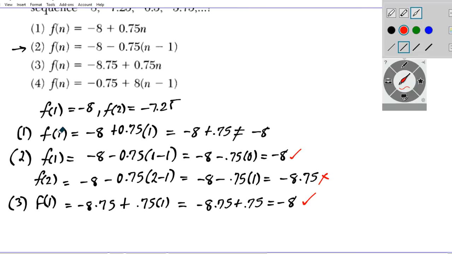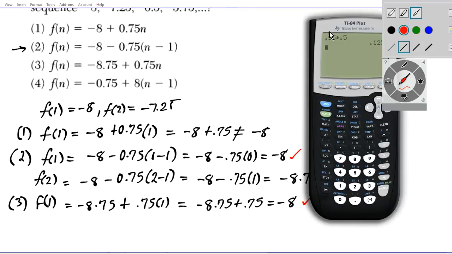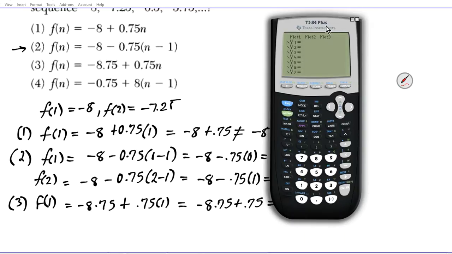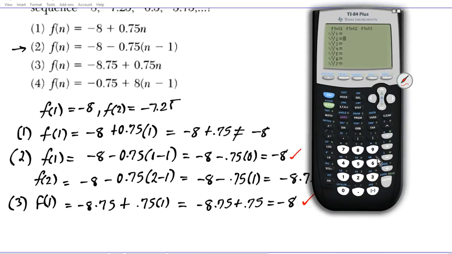Okay, so let me show you how you can use your calculator to quickly eliminate one of these options. So I'm going to use my table of values to generate the output values for the third one, and if we have a perfect match, then we know that that's the answer. Okay, so we have negative 8.75 plus 0.75x. If this one is wrong, then our fourth one should be the correct answer.